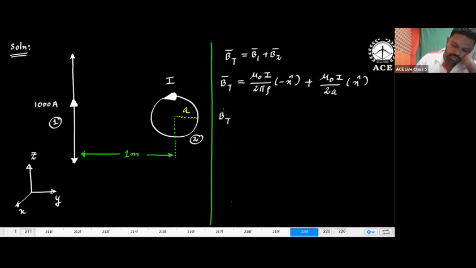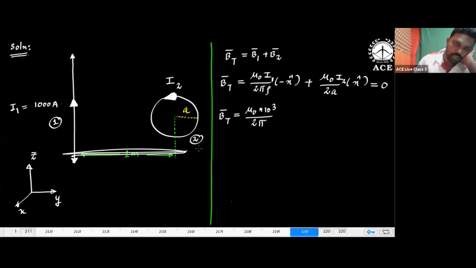So here B total is equal to mu naught into I. How much is the I? 10 to the power of 3. This must be equal to 0, isn't it? This we represented with the I1, beta. Sorry, this is I1, I2 otherwise. This is I1 divided by 2 pi rho.